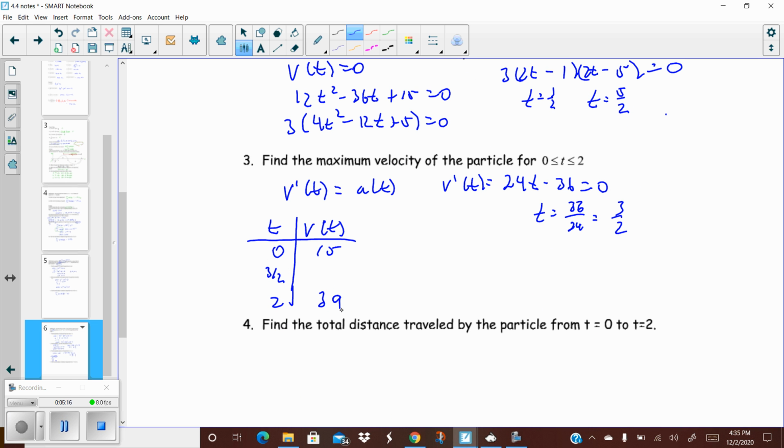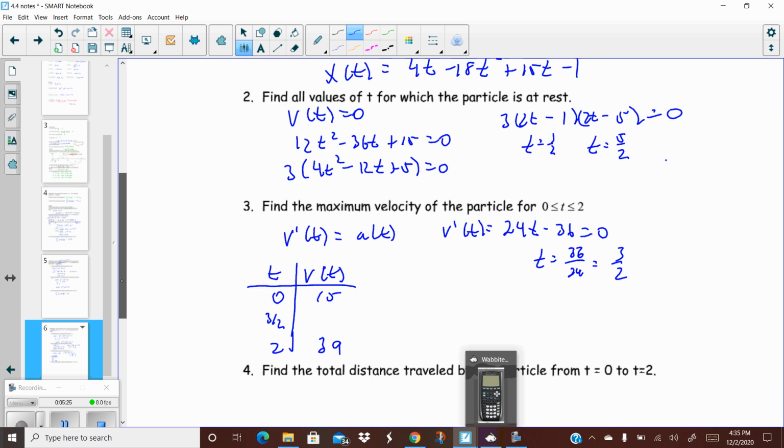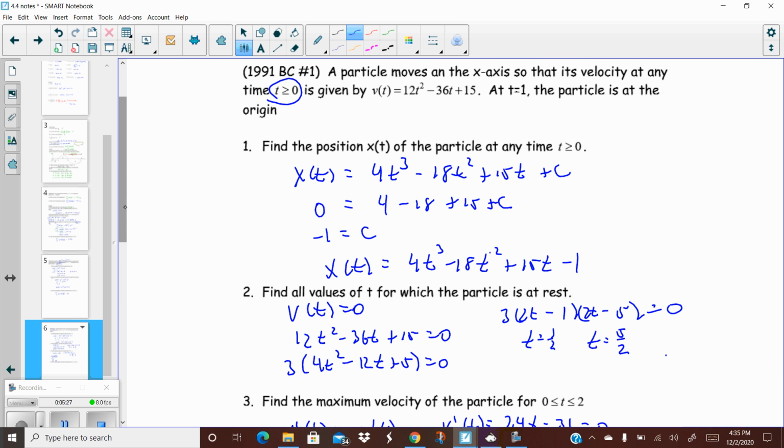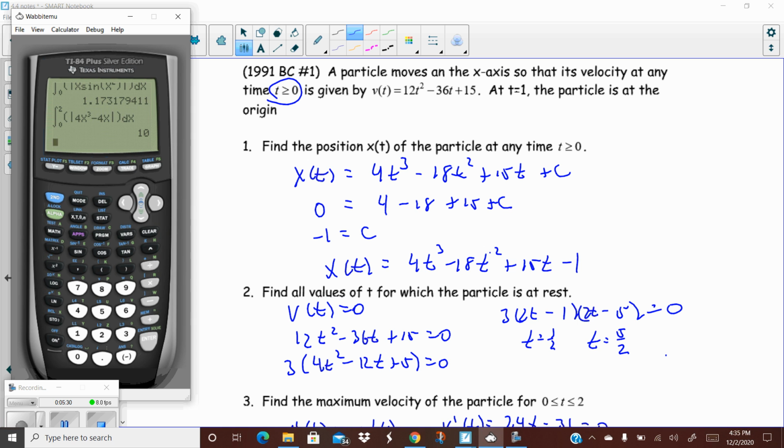Wait, 48 minus 72 is negative 24, and plus 15 gives negative 9, but checking the setup, the value is 39 so far, and 2 is the winner. And 3 halves is 1.5. That's probably not something you want to do without the calculator, so I'm going to scroll back up to use the calculator. It's 12 times 1.5 squared minus 36 times 1.5 plus 15, which is negative 12.